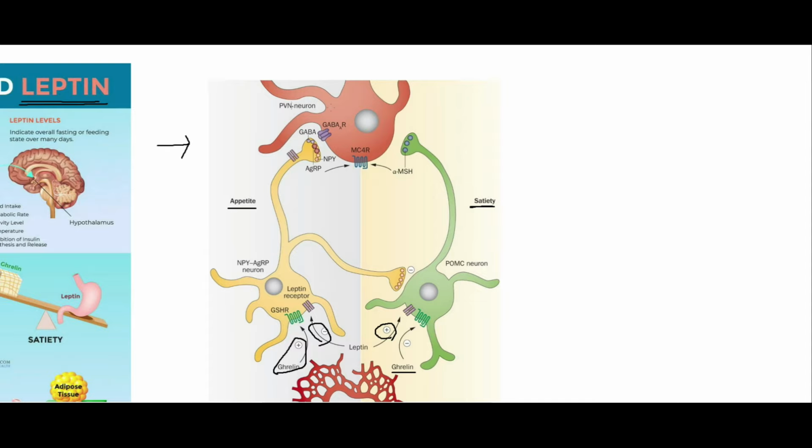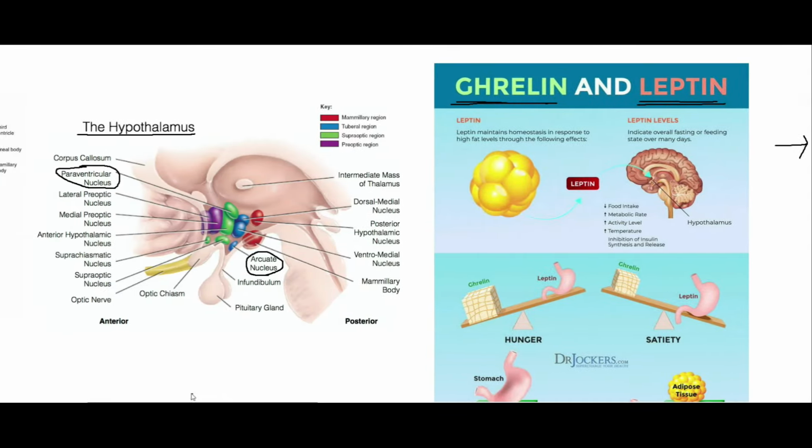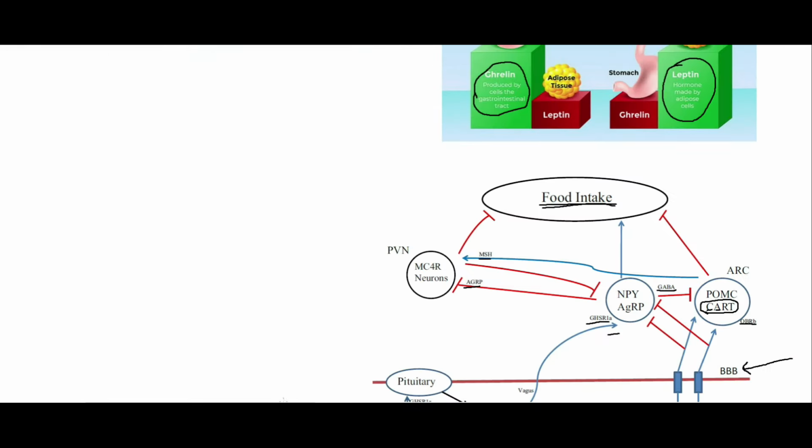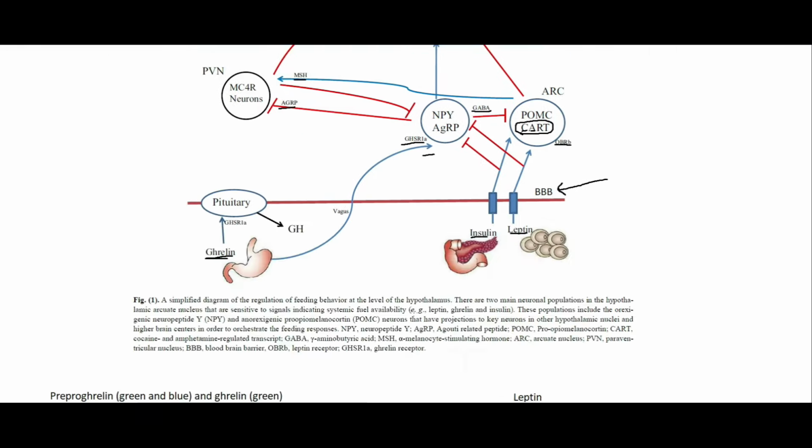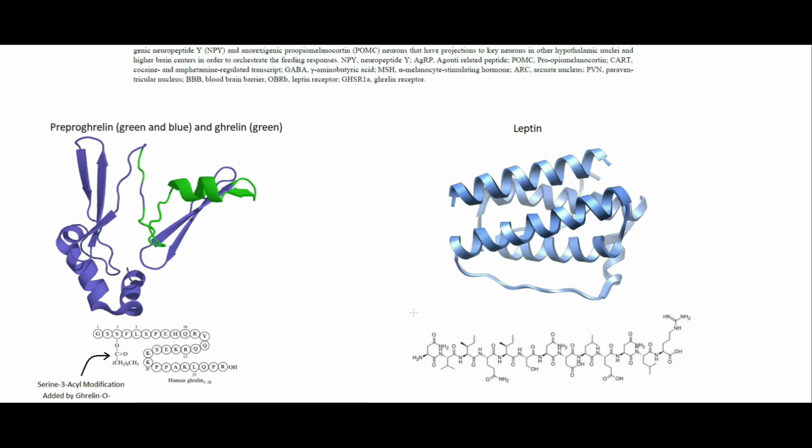And they signal to the paraventricular nucleus here. So the AgRP inhibits the PVN neurons and tells us to start eating. This alpha MSH activates those neurons and tells us to stop eating. And now I will get into a little bit of the biochemistry with all this.